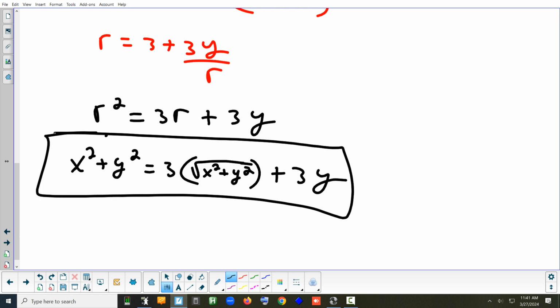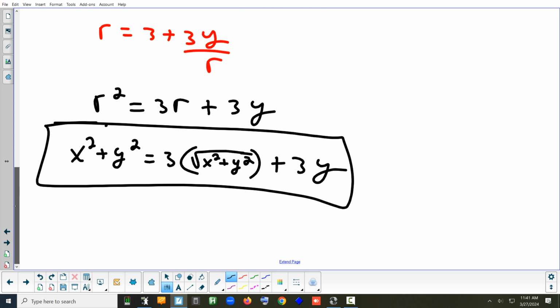Is there no further simplification we can do? Not really. There's nothing else we can really do with that. Because you get some terms that are squared, some that are not squared, so there's no like terms to combine. I have an idea.